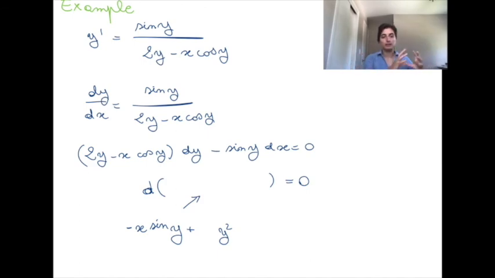So now we have 2y minus x cos y dy minus sine of y dx equal to 0. If we can write all of this as a full derivative of a function equal to 0, we are good. And this function, we can see, is minus x sine of y plus y squared.